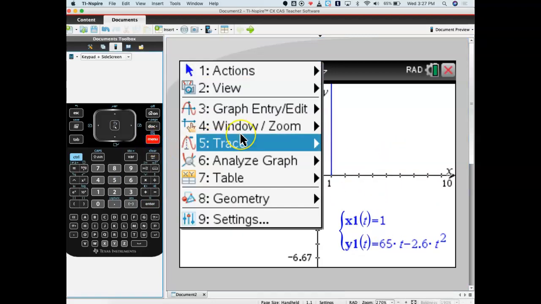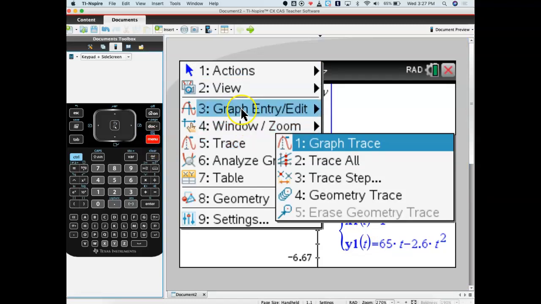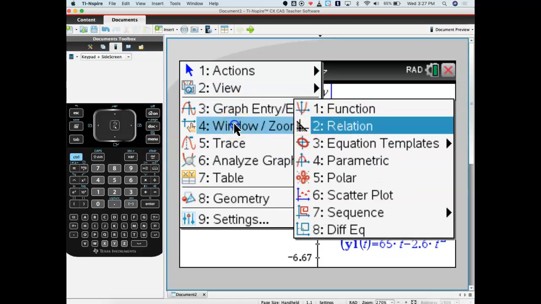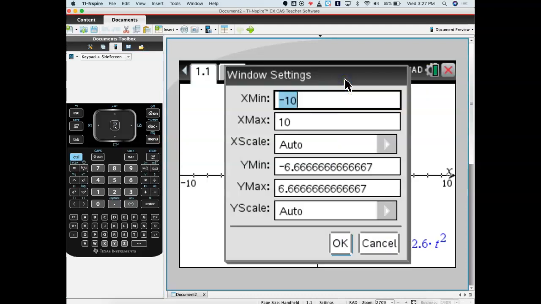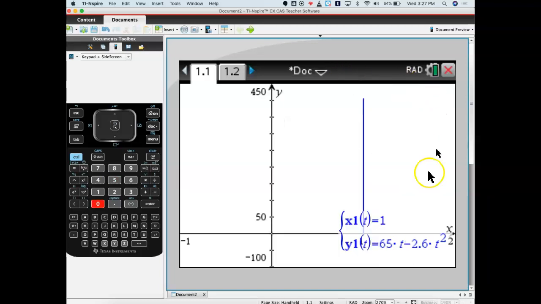I'm going to go menu, window zoom, settings. We're going to go from -1 to 2 with my X scale at 1. And because this ball is going to go pretty high, I'm going to go to like -100, and I like to see my x-axis. I'm going to put my step at about 50, and I'm going to say OK.